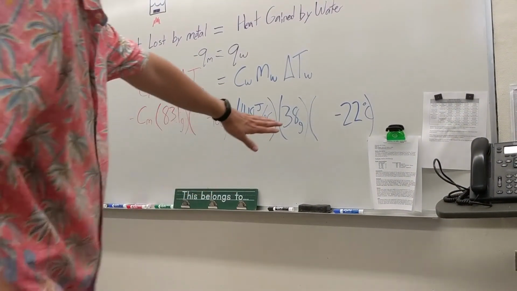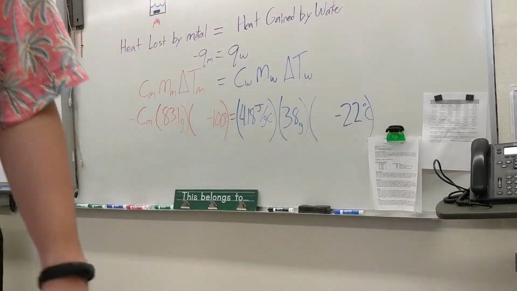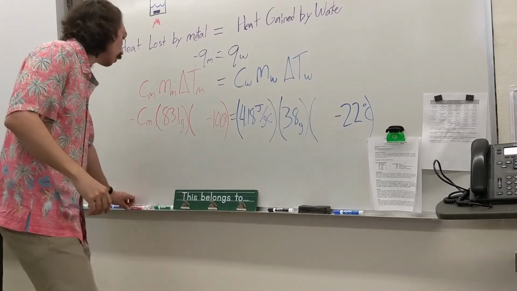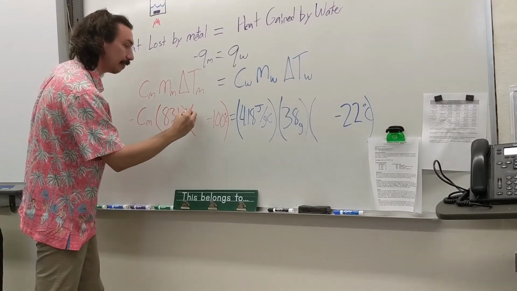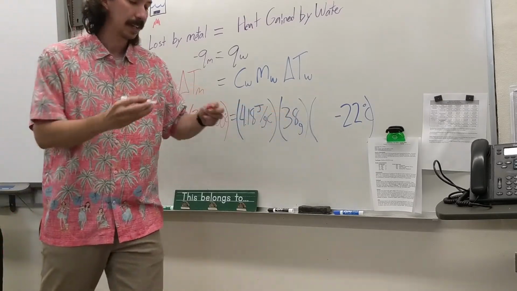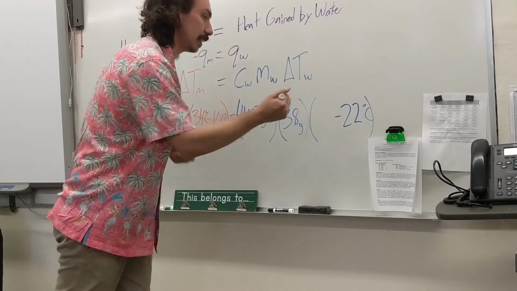Our initial temperature we found was 22 degrees Celsius. And now we could plug in our final temperature, which for both the metal, 34 degrees Celsius, and the water will be 34 degrees Celsius.